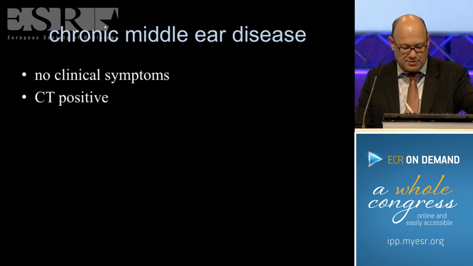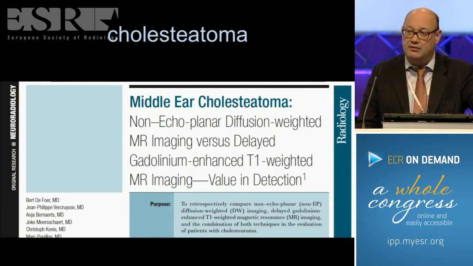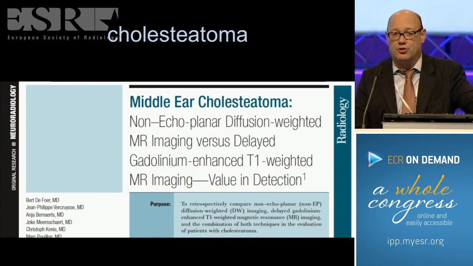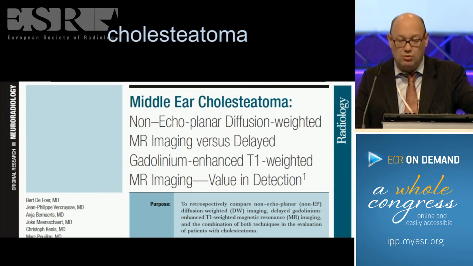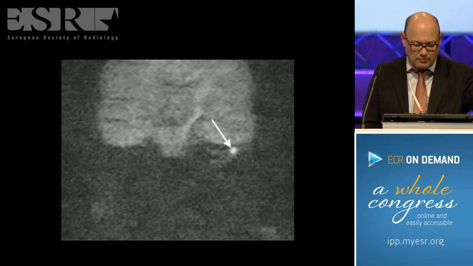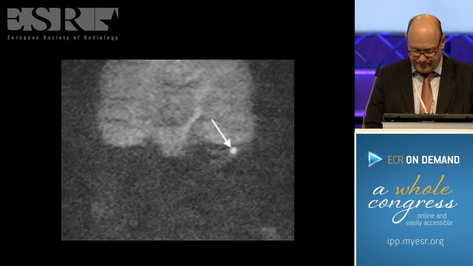There were no clinical symptoms, although CT showed blurring of the mastoid cavity. If you were looking for a cholesteatoma, I think most of you would perform MR with non-EPI diffusion-weighted imaging, as was described by my fellow countryman Bert de Foer, who published a lot on diffusion-weighted imaging in patients with cholesteatoma.